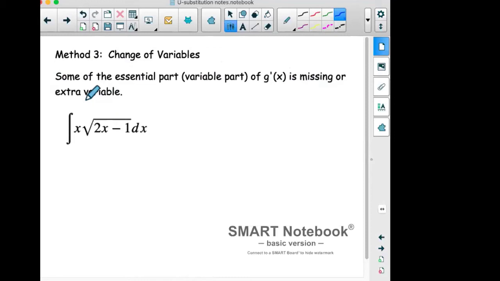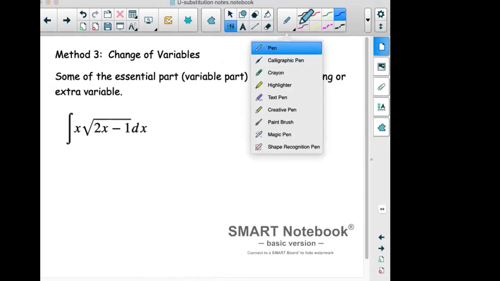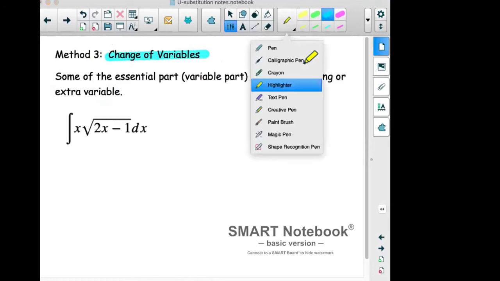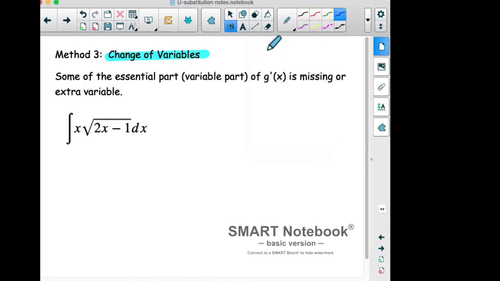And in order to do that, we have to use a new process, which is called the change of variables. So I have to use a technique called the change of variables to fix this type of situation. So you start just like all the other problems we're doing today. You identify your inside function and you make u that inside function. So what would be our inside function in this case? 2x minus 1.